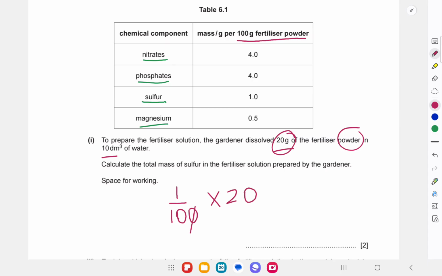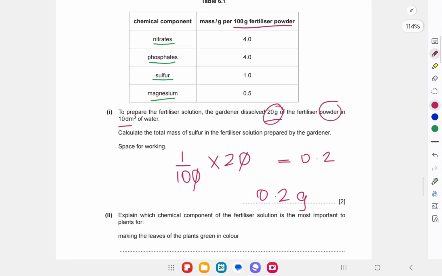So this is a very easy question. You will simply divide 1 by 100 and you will multiply it with 20. You will get 1 mark for the answer, which is 0.2, and 1 mark is for the unit, which is grams.